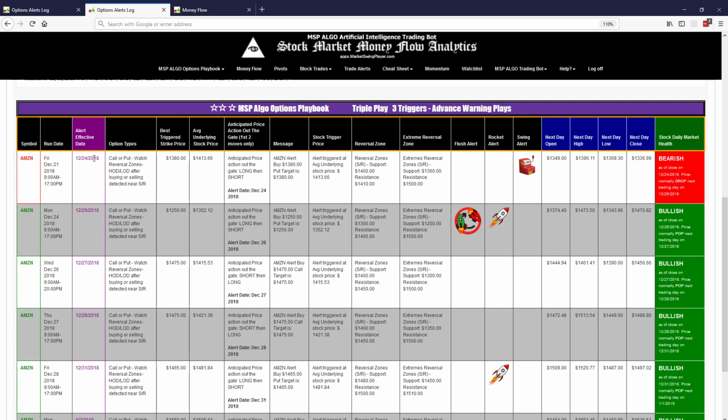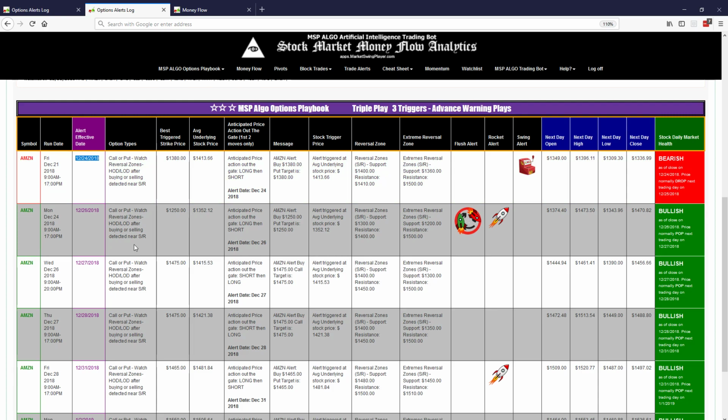Okay, so initially you just see these columns and the rest will not be populated. These alerts, the flush alert, rocket alert, and swing alert, come out after the 0940 run on the day of the alert.